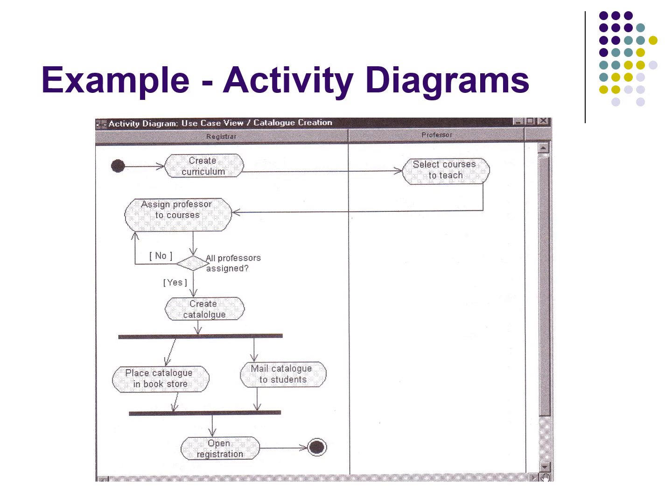Then after that the registrar assigns the professor to this course. It will check whether all professors have been assigned a class. Once this is done, it will create a catalog of courses together with the lecturers' names.